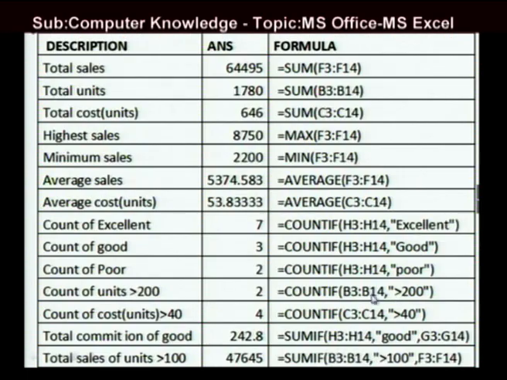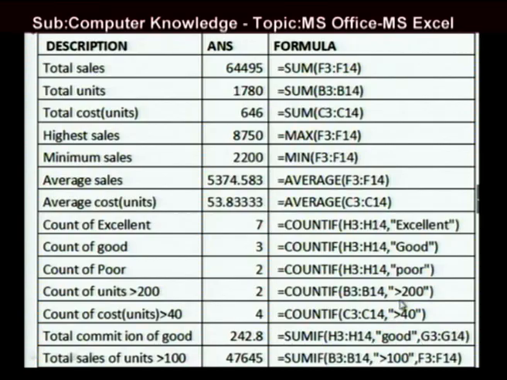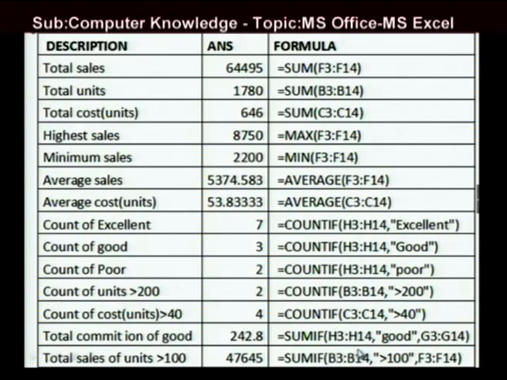How to calculate means conditions: SUMIF H3 is to H14. H3 is to H14 is the remarks of the MNR supermarket. So, the remarks of the MNR supermarket are excellent, next good. After that G3 is to G14, and G3 is to G14 consists of commission. So, we have to write here H3 is to H14, condition is good, after that G3 is to G14.